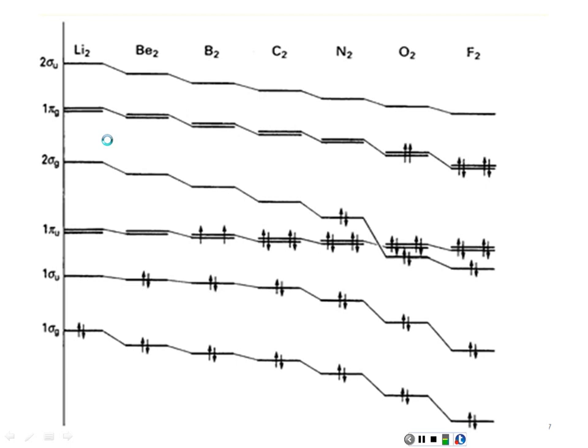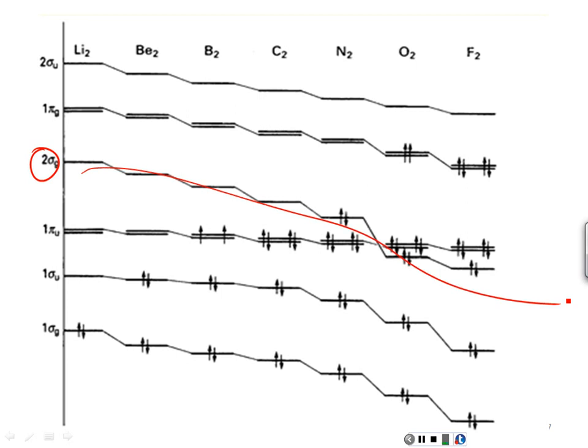And if you're curious as to why there's a change in the pattern between nitrogen and oxygen, I found this figure to help explain it. It really shows that the sigma 2p orbital, as you move across the periodic table, its energy level is changing.